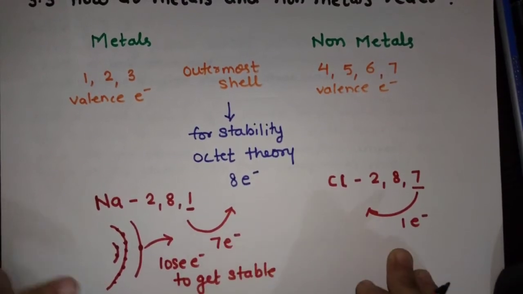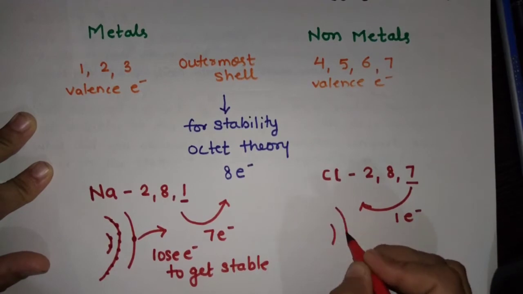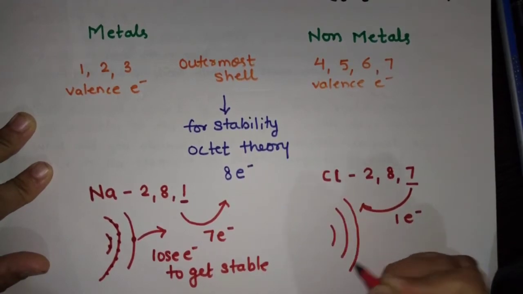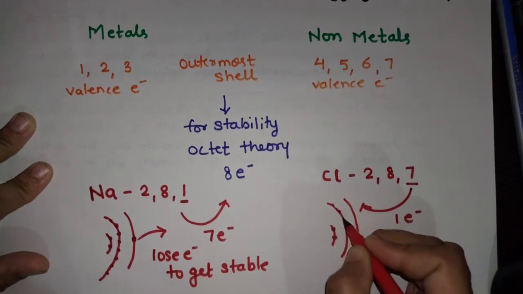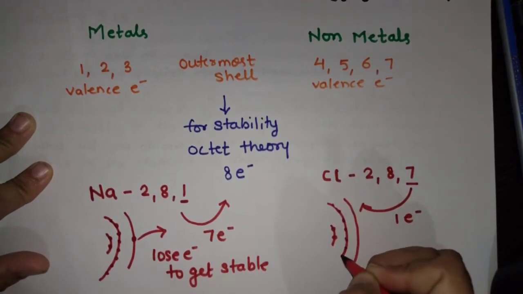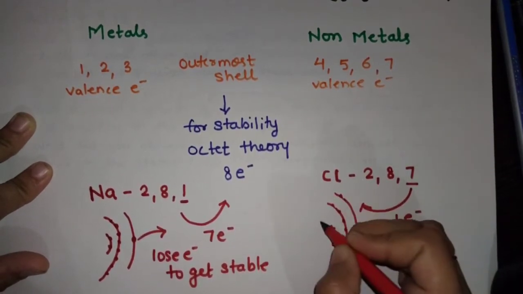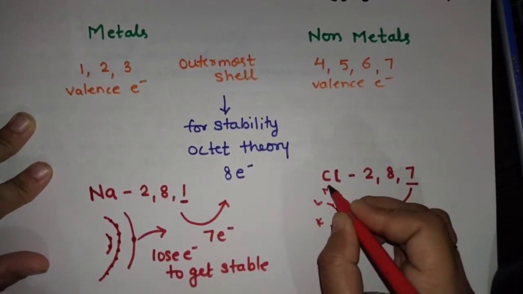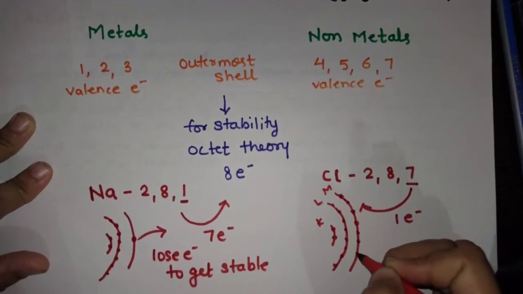Now if you talk about chlorine, what happens in the case of chlorine? If you again draw the structure of the atom, 2, 8, and in the M shell, 1, 2, 3, 4, 5, 6, 7.